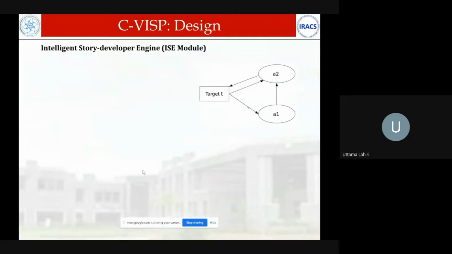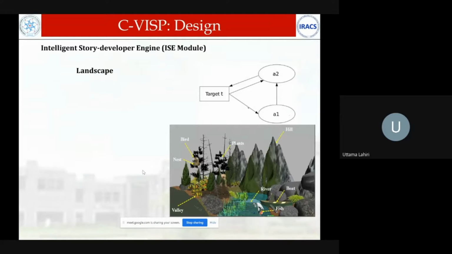So the story developer engine, that is something I felt like sharing here in this session today as an example. So here we used a lexicon. This is totally based on the use of AI, which I'll not go into details because the time will be limited.